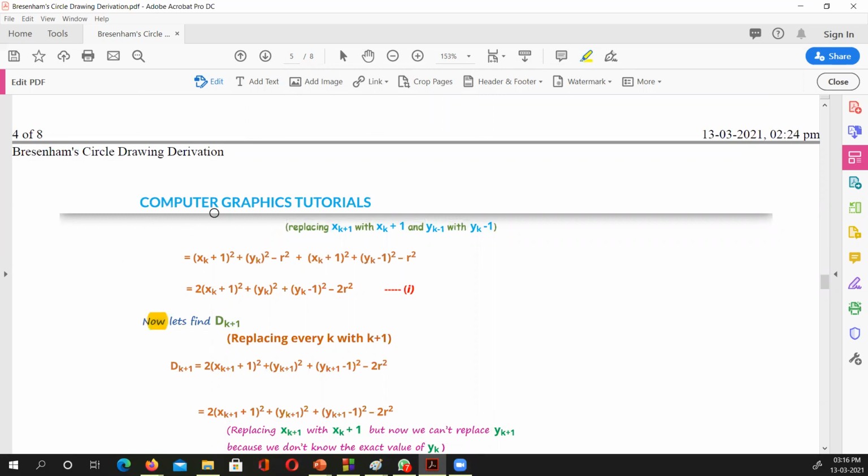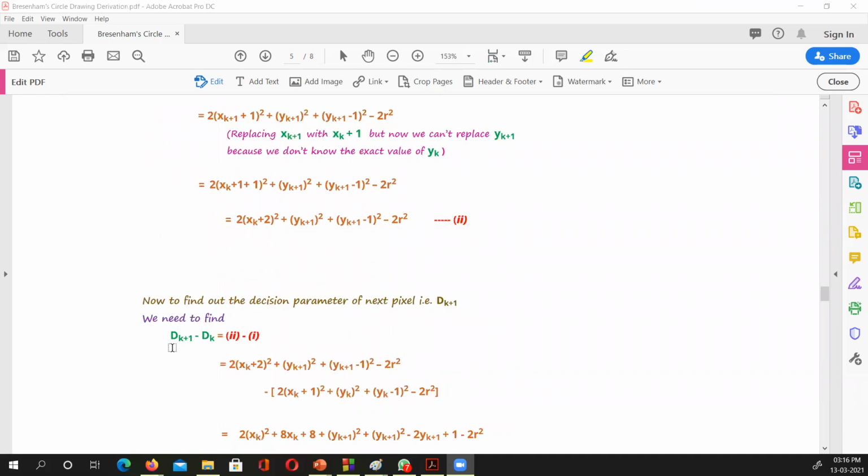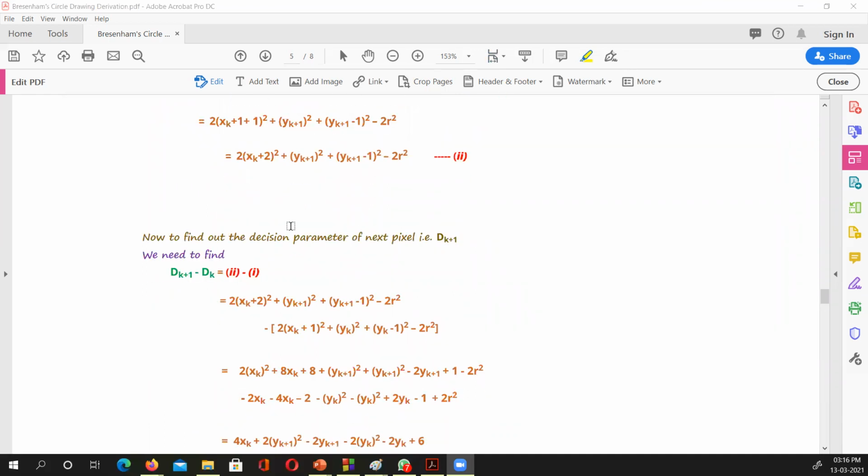Equation first is my d_k, and equation second is my d_(k+1). So how do I get the answer now? Subtract the second equation with the first equation.